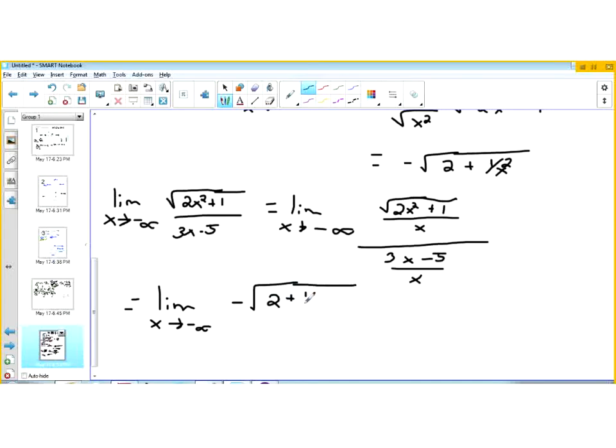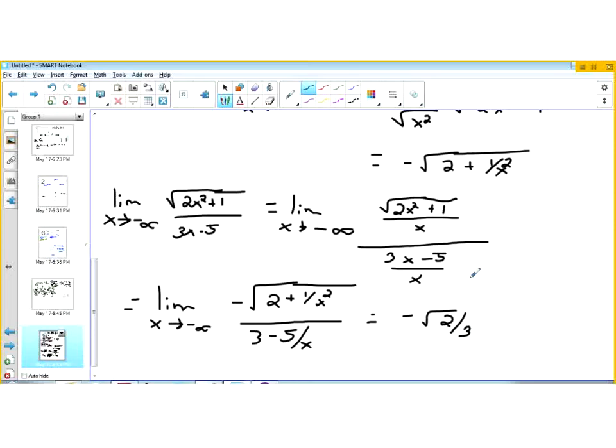So the negative of the square root of 2 plus 1 over x squared divided by 3 minus 5 over x. And then as we apply the limit laws, this simply becomes the negative of the square root of 2 over 3. So that would be the output as x approaches negative infinity.